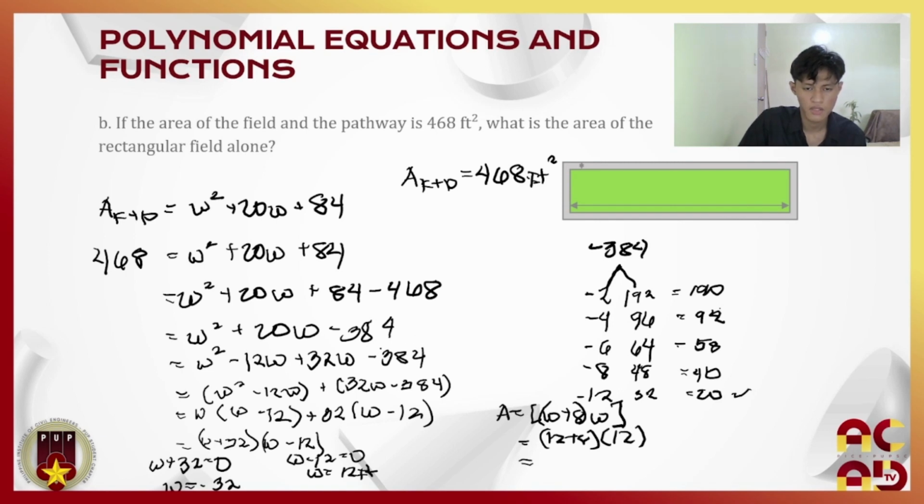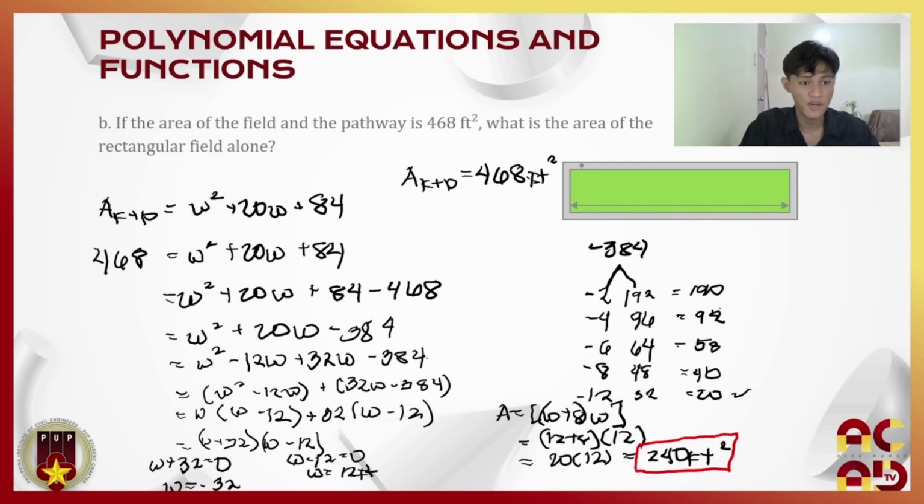And then 12 plus 8, we have 20 times 12. We have 240 feet squared. So ito na yung ating area ng rectangular field alone. So ito na yung answer natin. 240 feet squared.